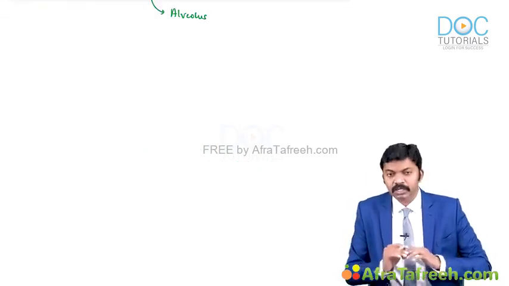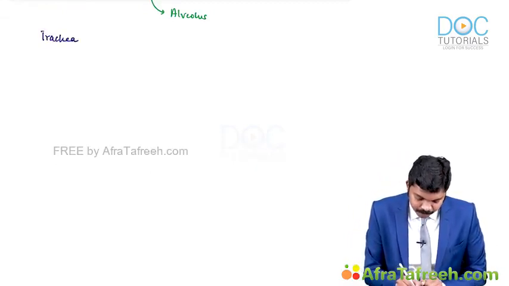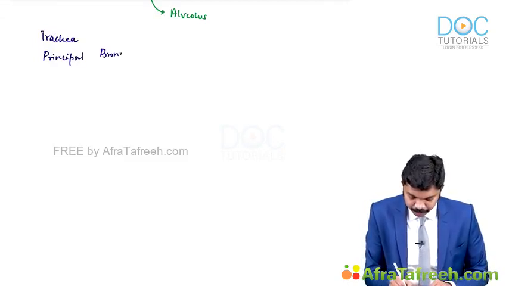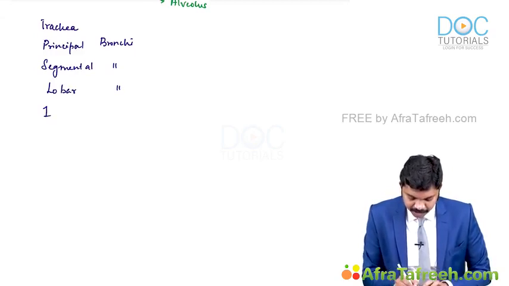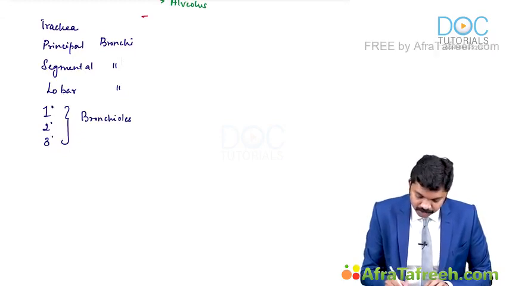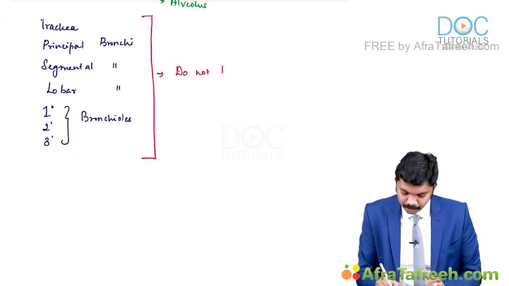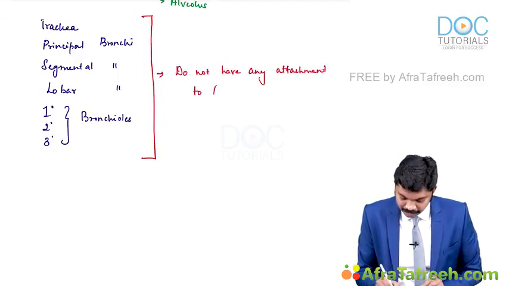Now, doctors, if you look at all these airways, starting from the trachea all the way to the main stem or principal bronchi, which divide into segmental and lobar bronchi, which again divide into primary, secondary and tertiary bronchioles, all these structures from the trachea all the way to the tertiary bronchiole do not have any attachment to alveoli.